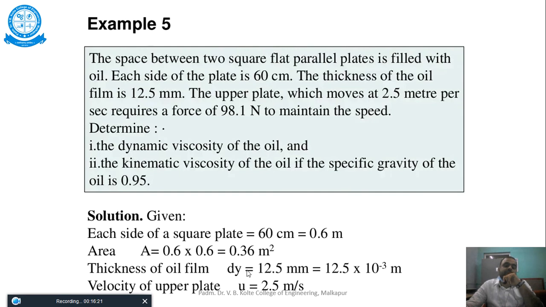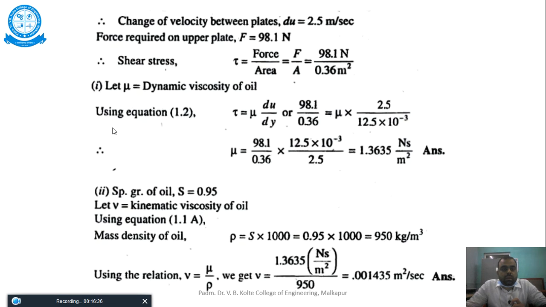Thickness of the oil film dy is equal to 12.5 mm, so we convert mm into meter, so 12.5 into 10 raised to power minus 3 meter. Velocity of the upper plate u is equal to 2.5 meter per second. So change in velocity between the plates is 2.5 meter per second. Force required on the upper plate F is equal to 98.1 Newton.